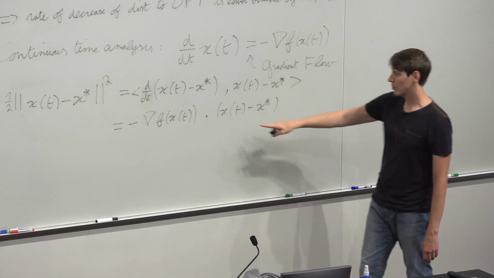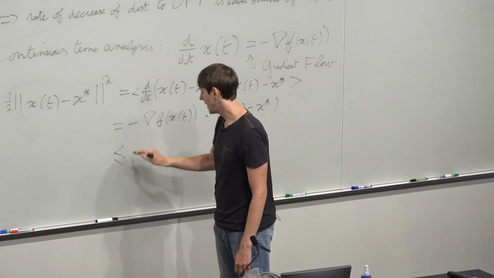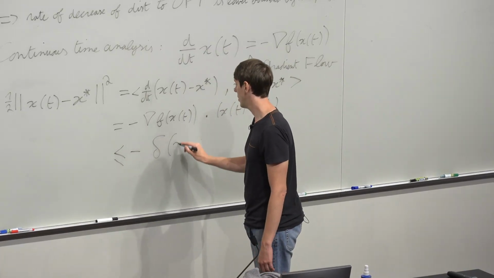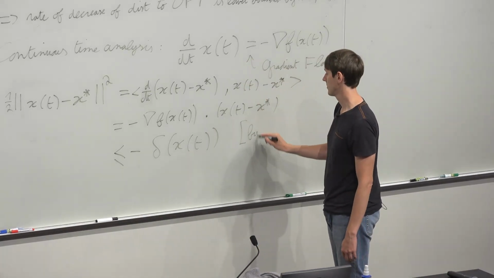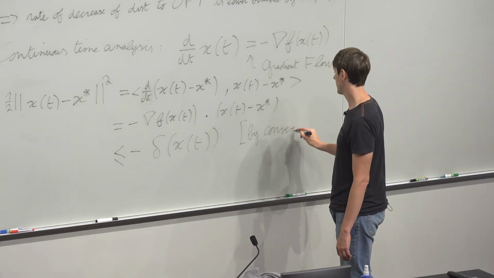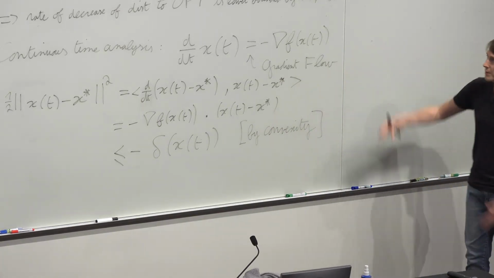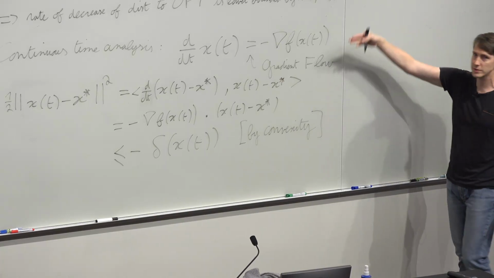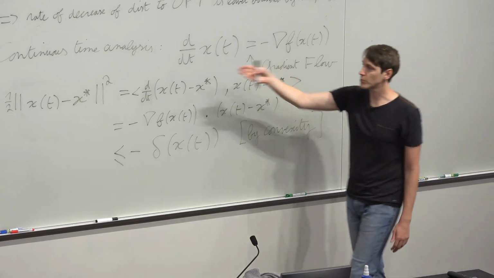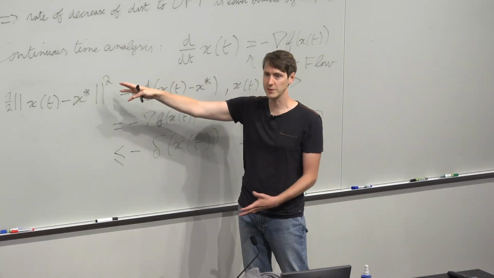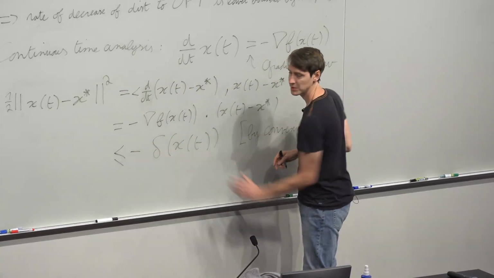Now, by convexity, I know that this is smaller than minus delta of x of t, by convexity. So in continuous time, I exactly get an equation that is literally that sentence: the rate of decrease of my distance to opt, where the distance is Euclidean norm squared, is exactly lower bounded by the suboptimality gap.